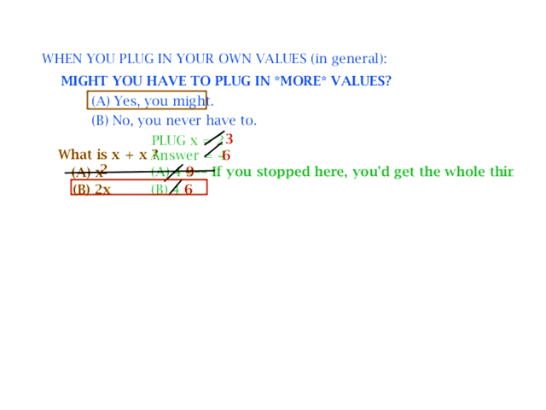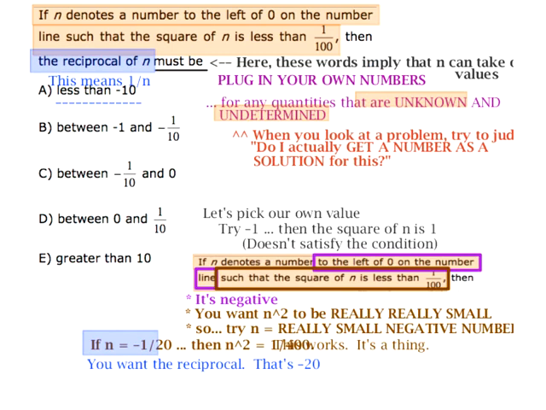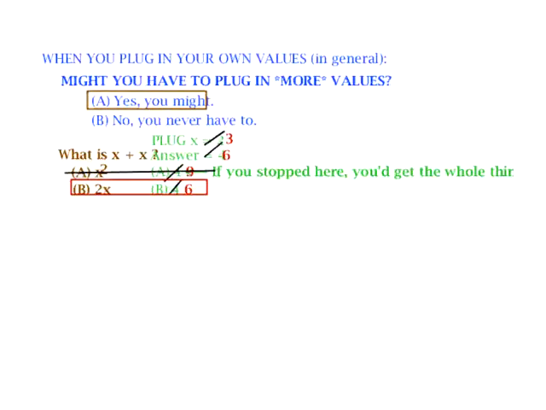And just make sure you understand. This example is very simple, but if you stopped at A with 2, then you would get the whole thing wrong. So make sure you understand the exact circumstances under which you should plug in again. Some people would waste their time plugging in again on a problem like this, and you don't want to do that. You only want to plug in again if there's more than one choice that survives the first round.